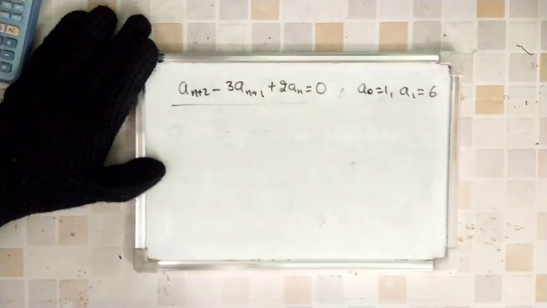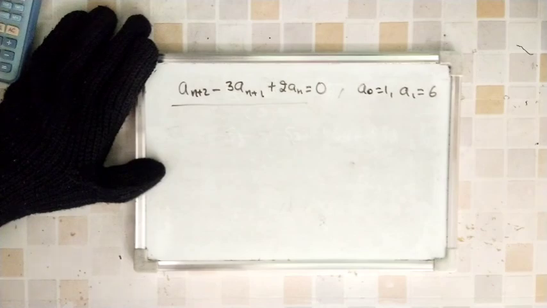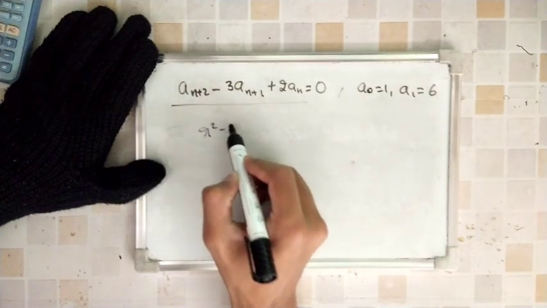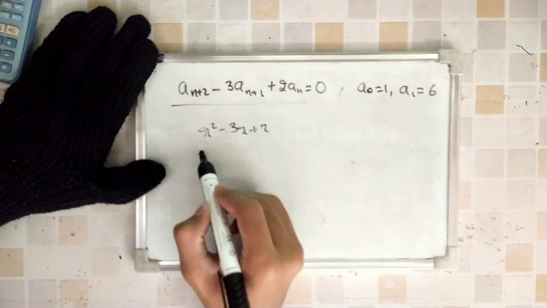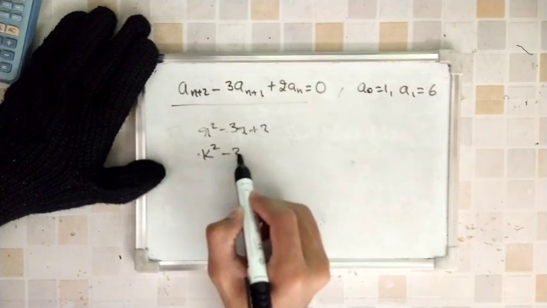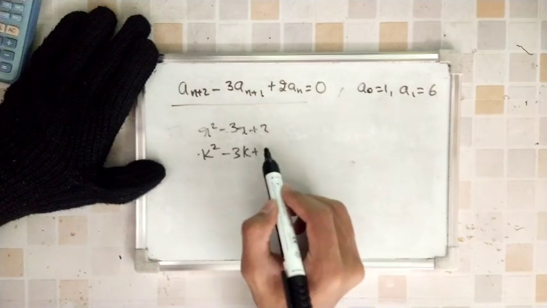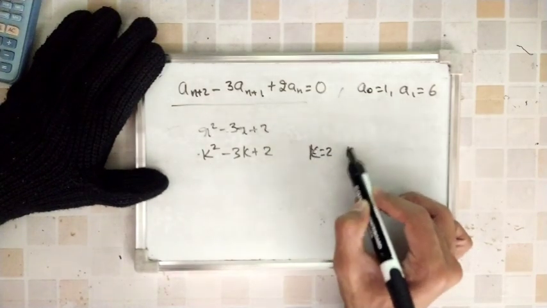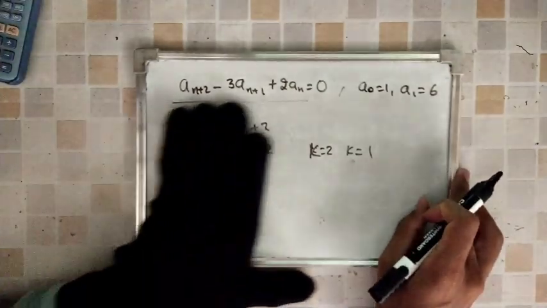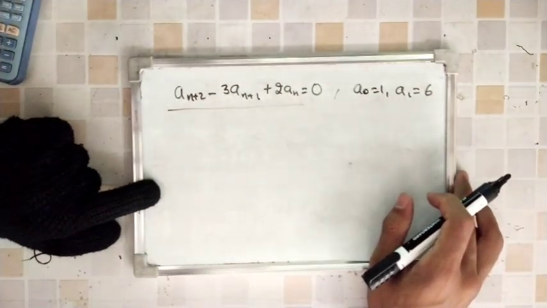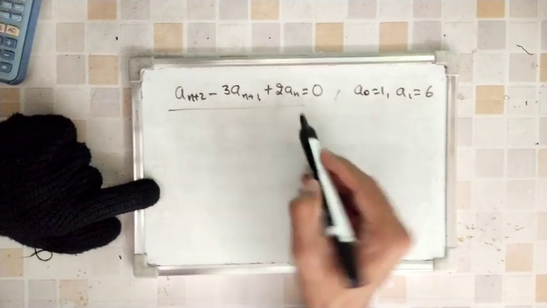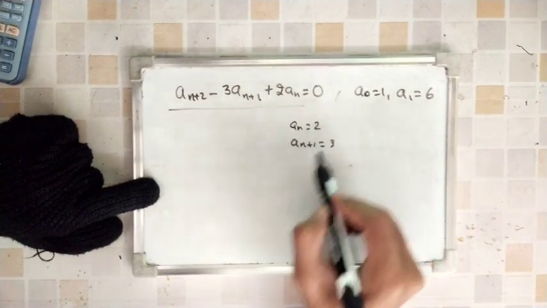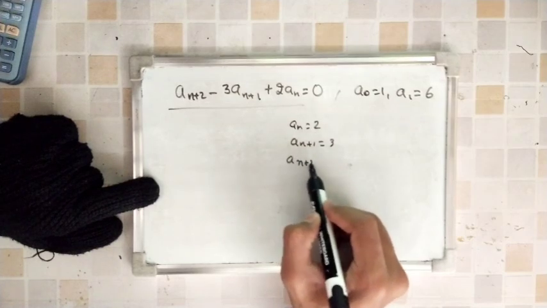Okay, the characteristic equation is, solve the recurrence relation as said, r square minus 3r plus 2. Okay, r square minus 3r plus 2, or in that previous sum we took k square minus 3k plus 2, right, where the roots were k is equal to 2 and k is equal to 1, right. So a n's coefficient is 2, a n plus 1 coefficient is 3, a n plus 2 coefficient is 1.